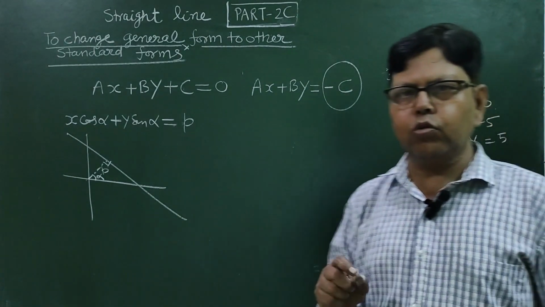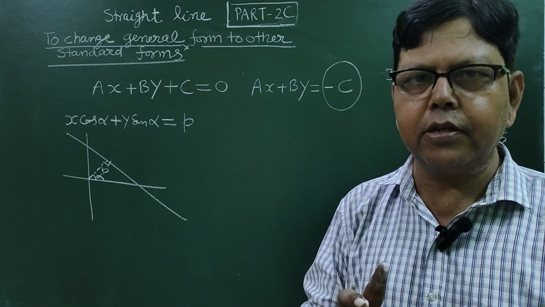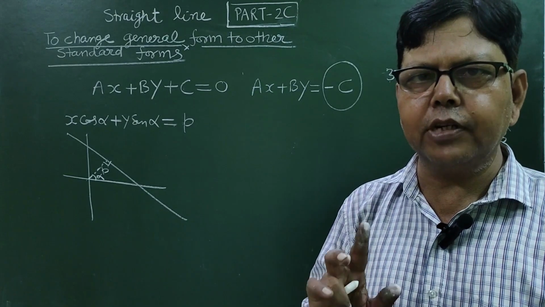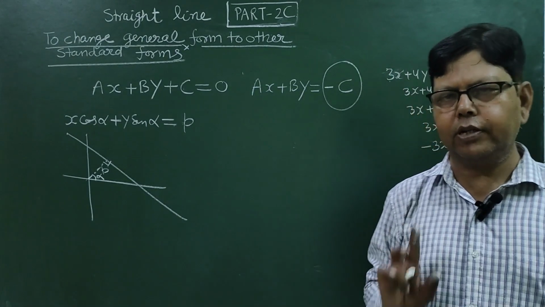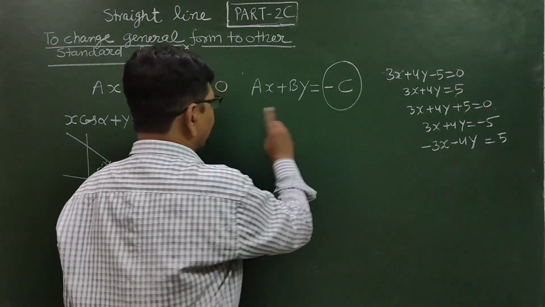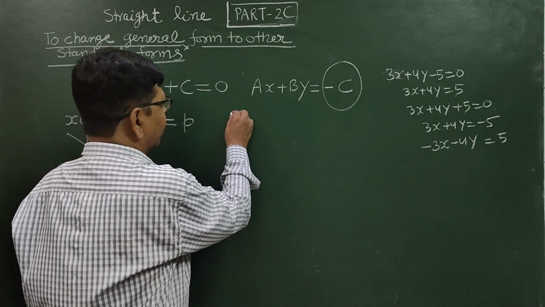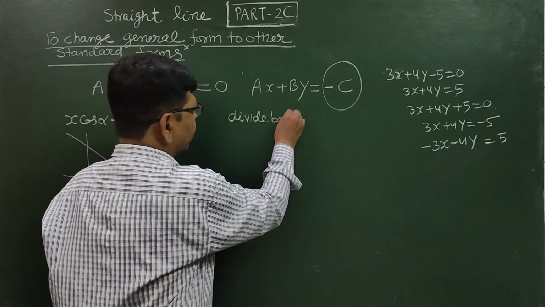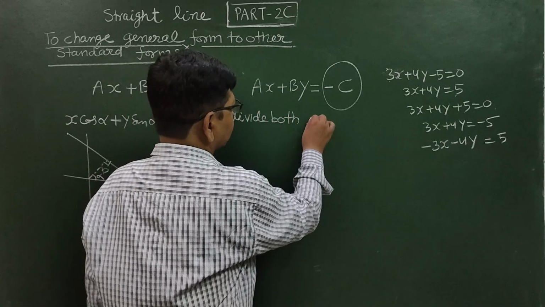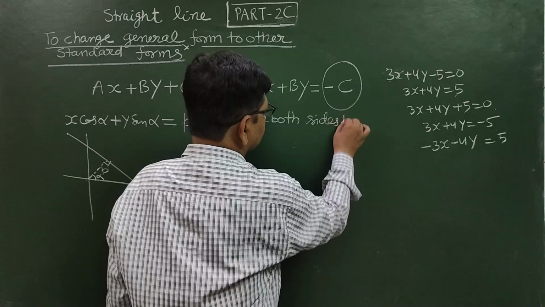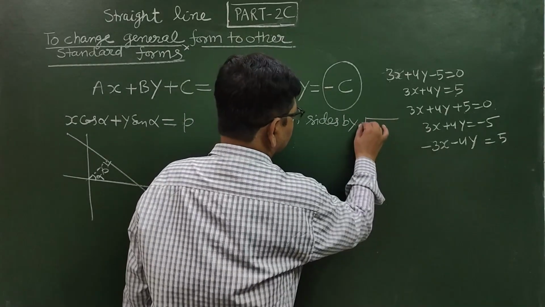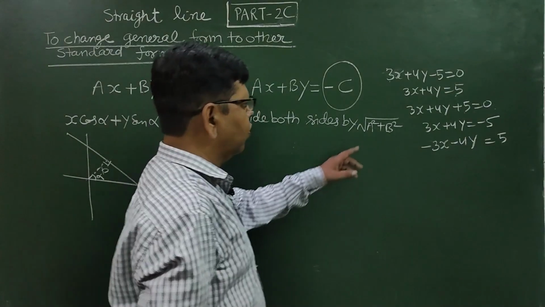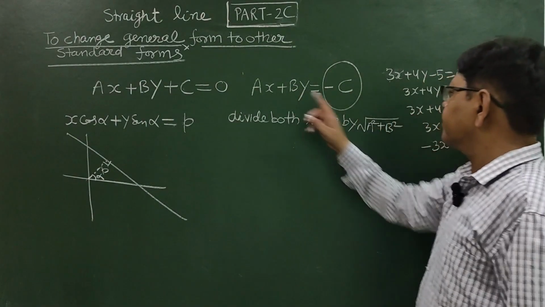So what we need to do here is keep the right hand side positive. For that, if it is negative, multiply by minus 1. Now the next step will be to divide both sides by under root of a square plus b square, that is, the square root of the sum of the squares of the coefficients of x and y.